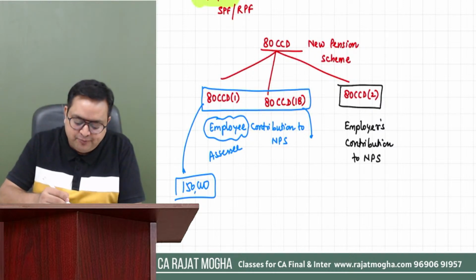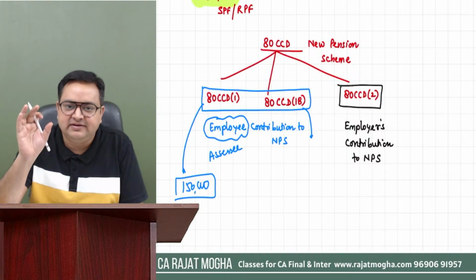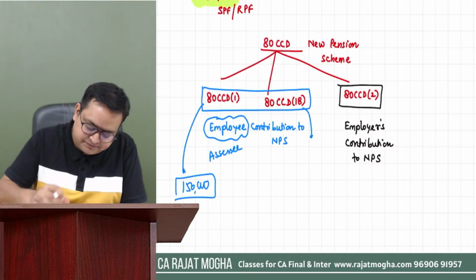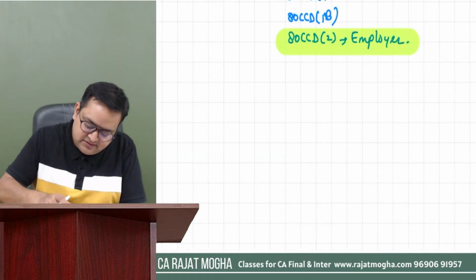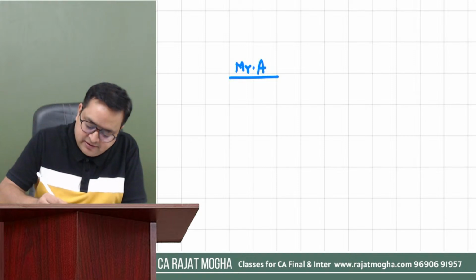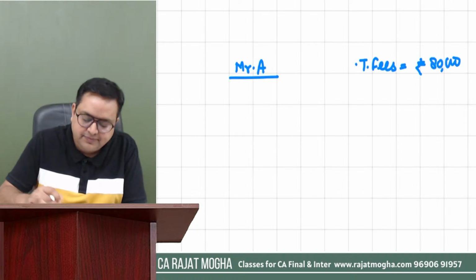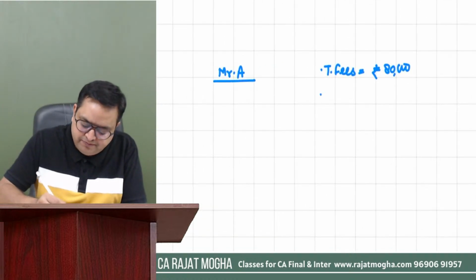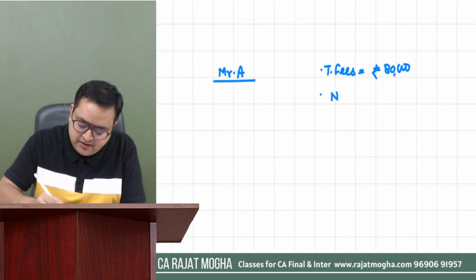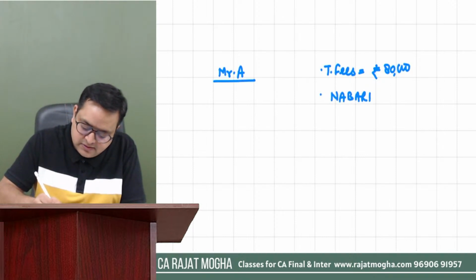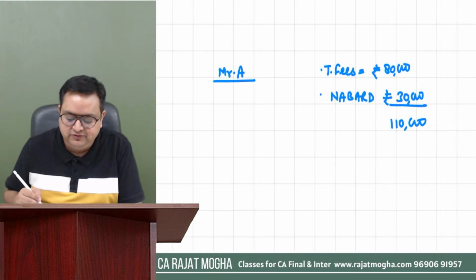See, if the employee has contributed some amount in national pension scheme, let's say there is an assessee, Mr. A. He is paying tuition fees for his 2 children, let's say 80,000 rupees. And he has also purchased bonds of NABARD, let's say rupees 30,000, that is 1,10,000 in total.